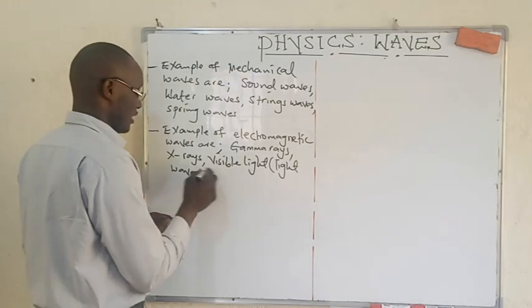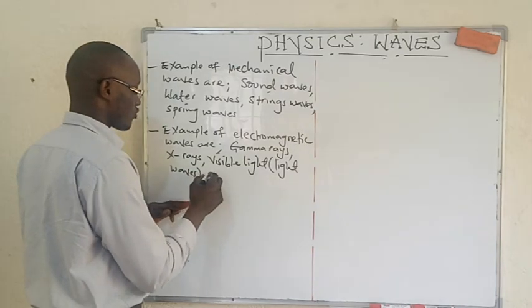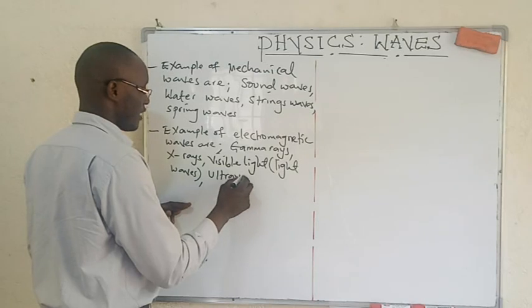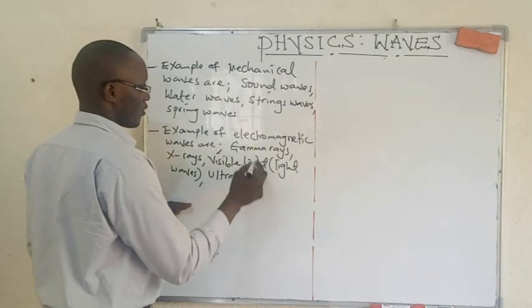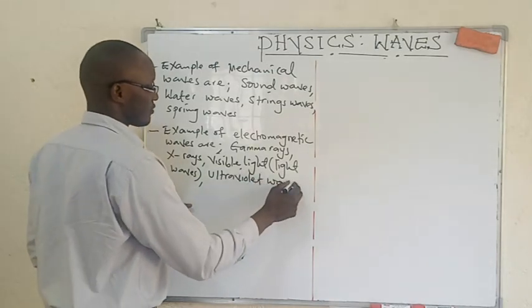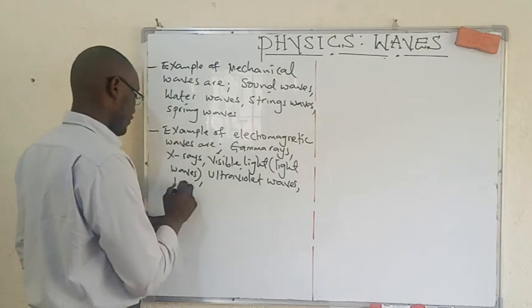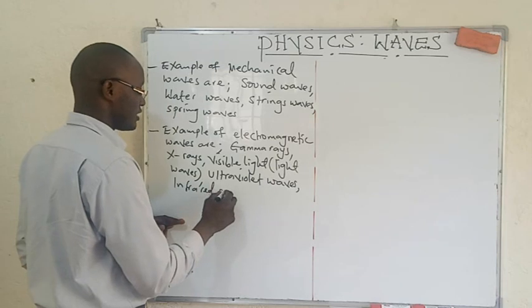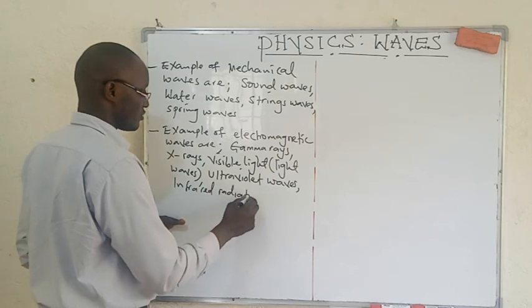Those are light waves. Then talk about what we call the ultraviolet rays or ultraviolet waves. Then talk about the infrared waves, infrared waves or radiation. These are also radiations.